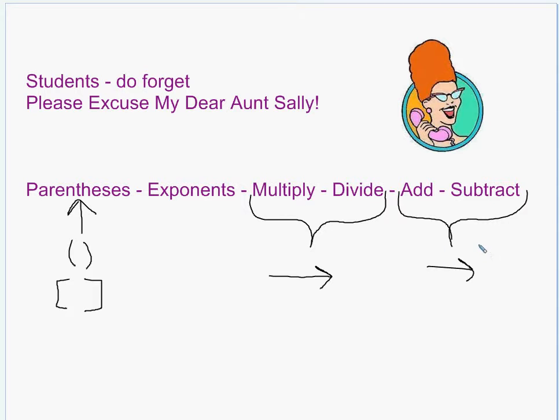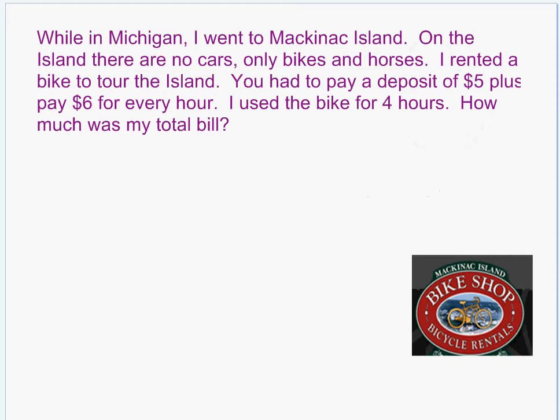Now that we did a quick review, let's solve how much I had to pay for this bicycle. Well, I had to pay a $5 deposit, because that's what it says right here. Plus, I had to pay $6 for every hour.